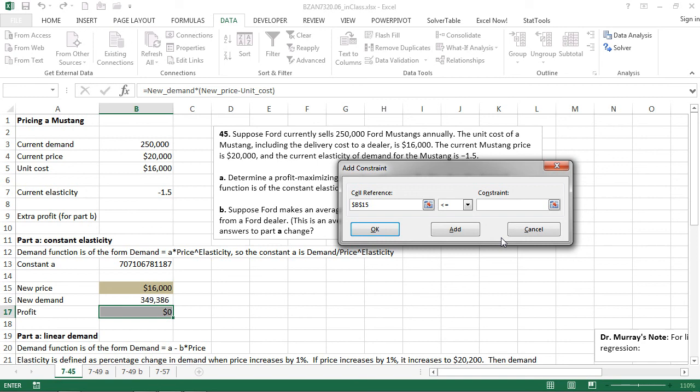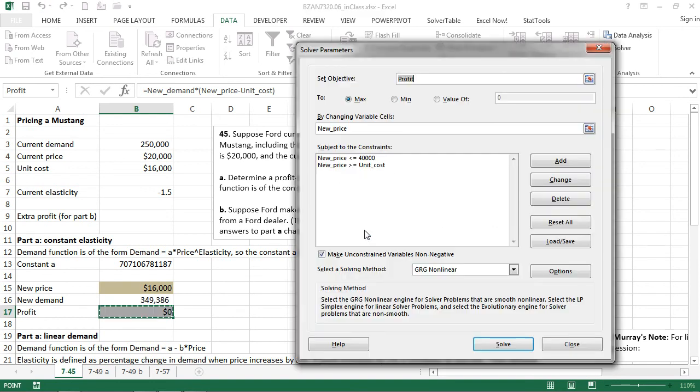I don't know. I probably want it to be more than the current price, but how much more? It's a guessing game. I'm going to speculate, for no good reason other than just to try it out, that I'm going to use 2 times the current price, so 40,000.